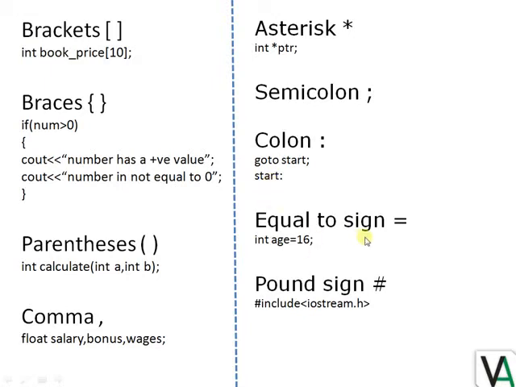Equal to sign is used to assign a value to a variable. Pound sign, the hash, is used to include a file. This is also used to define some constant values and to define macros. So this is the preprocessor directive which is used to include a file in the C++ program.